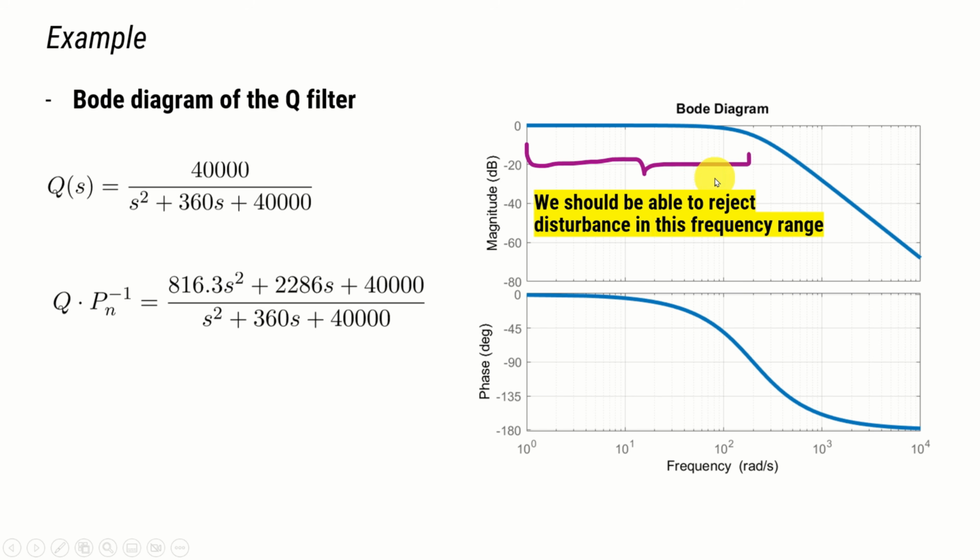Now again, if we have measurement noise in the system, this might not be a good idea. However, for simulation purposes, I'm doing this. So we expect that our disturbance observer will be able to reject the disturbances in this frequency range, for example, up to 20 radians per second.